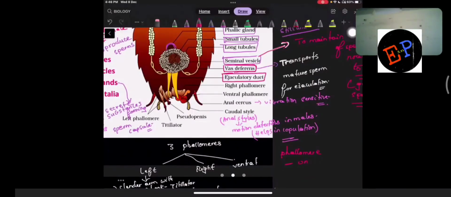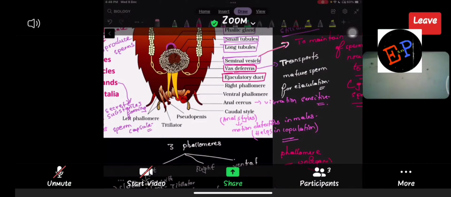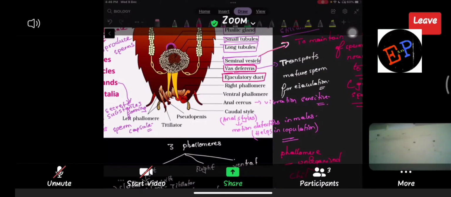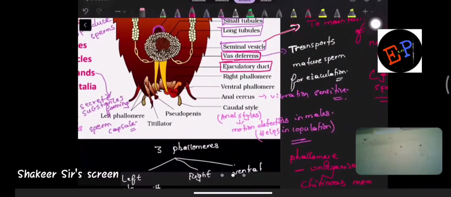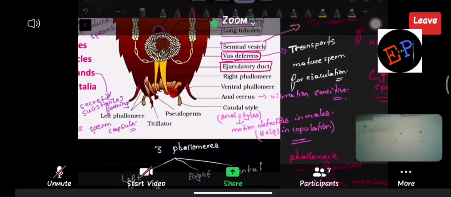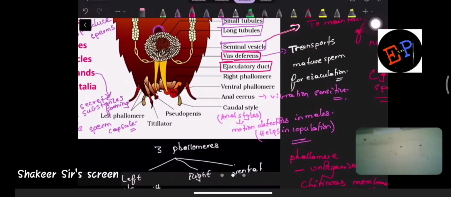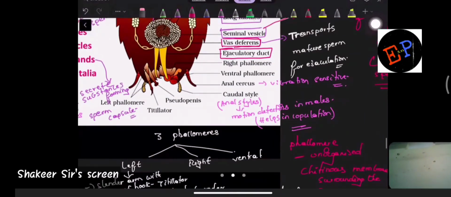You are able to see, no? So ejaculatory duct we have studied. Now we are studying about phallomeres. So unorganized chitinous membrane, surrounding the genital parts.